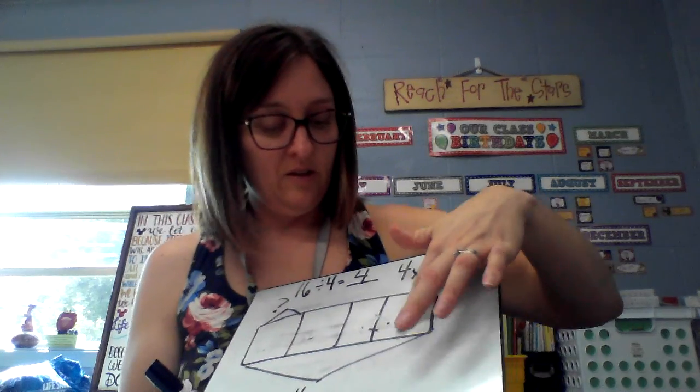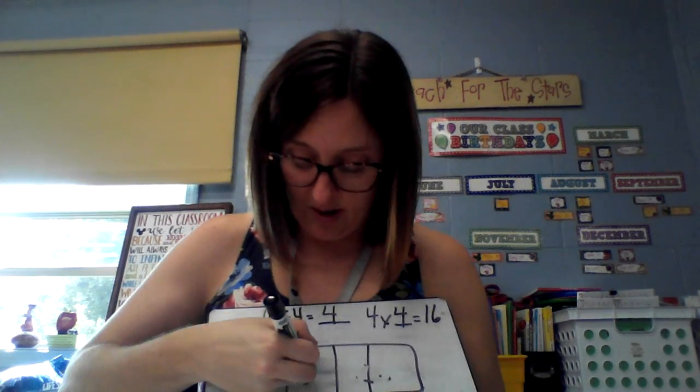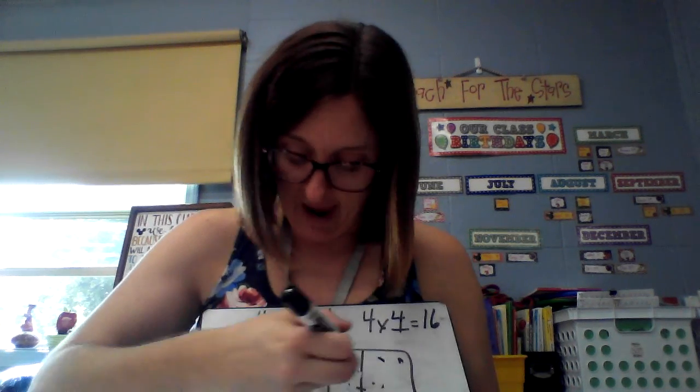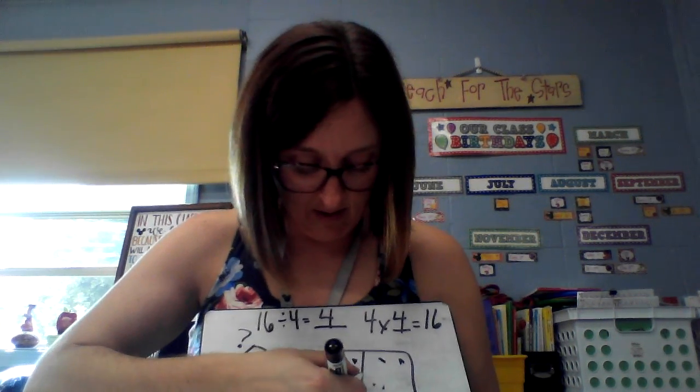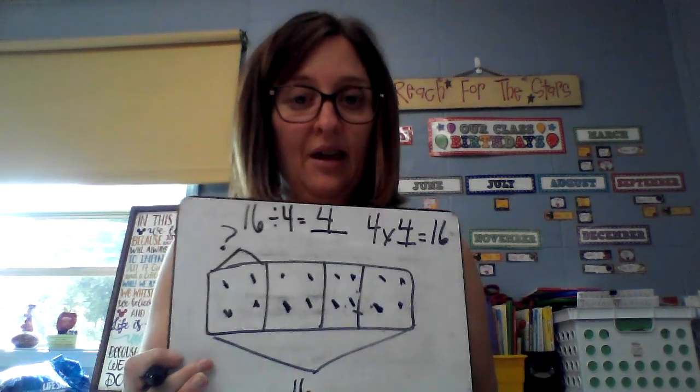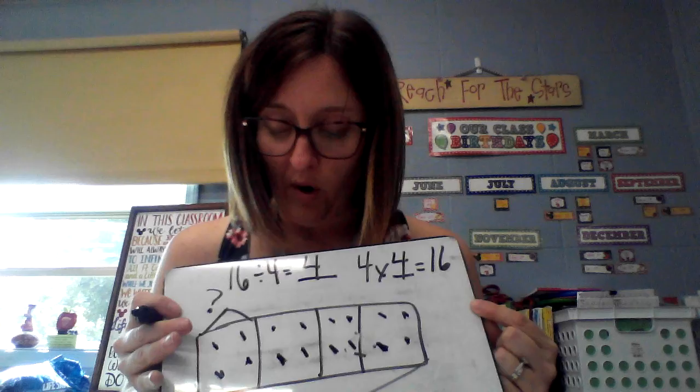Or I could have started equally sharing if I wasn't sure if I should skip count by 4s. I could equally share like we have done for multiplication and division. So 1, 2, 3, 4, 5, 6, 7, 8, 9, 10, 11, 12, 13, 14, 15, 16. And again, I still get my groups of 4.